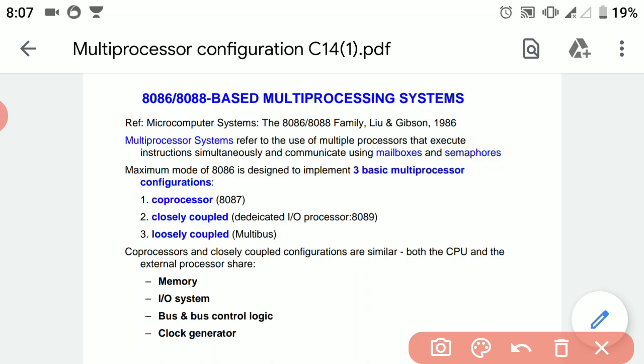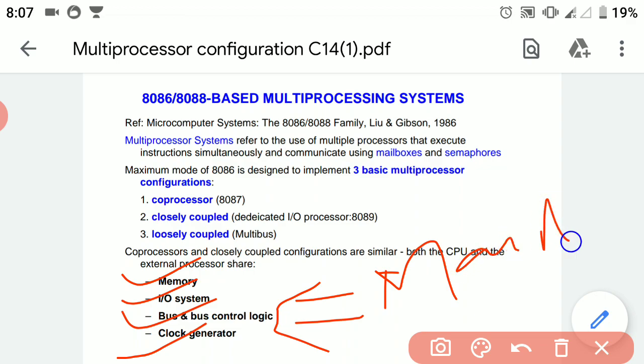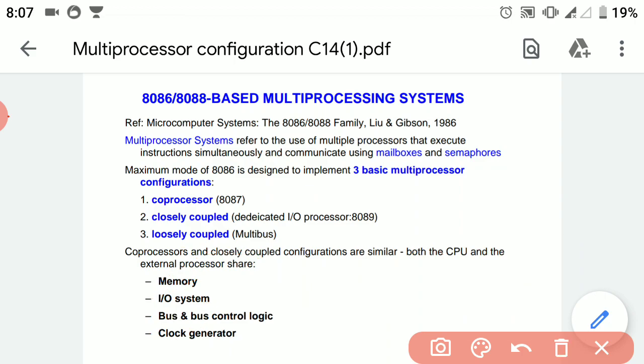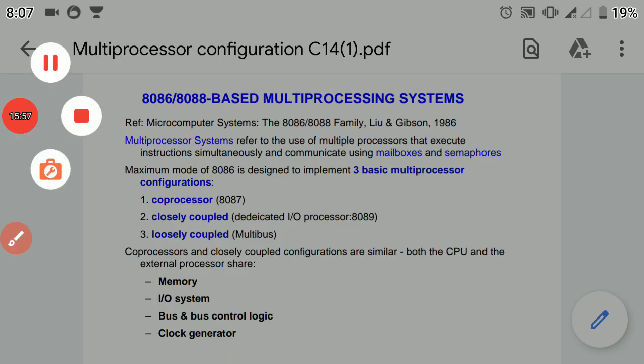In these two configurations, we actually share the memory, input output system, bus and bus control logic and clock generator. These are the main processor's systems and subsystems, and they are going to be shared between the main processor and the coprocessor. This is all about the introduction of multiprocessor.